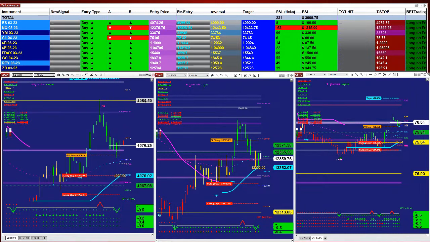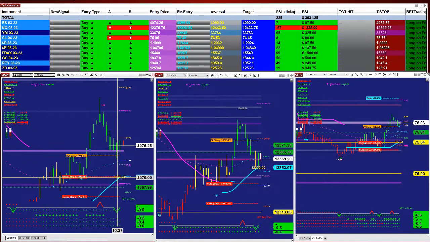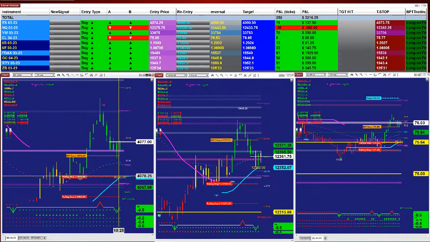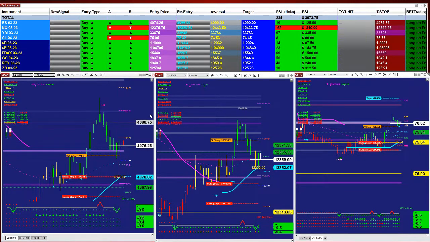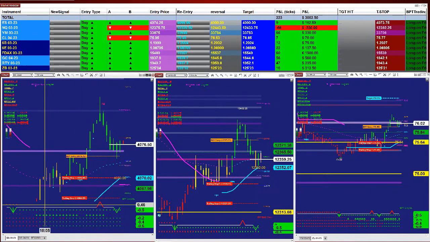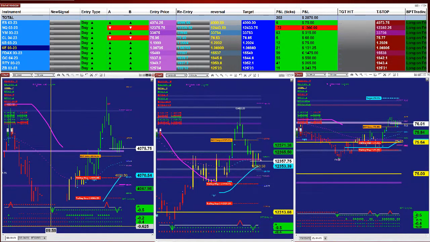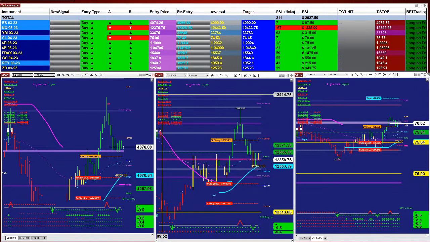If there's any drop on the ES, we have a re-entry at 40.70. That's exactly where we started from. So let's see if it's going to hold, or it can be a re-entry on a sim at 40.70. Not much to do at this moment.